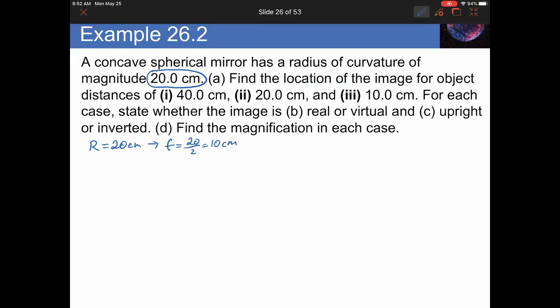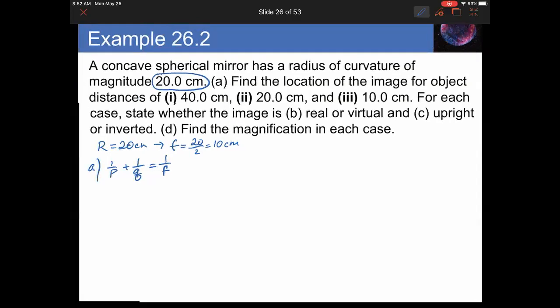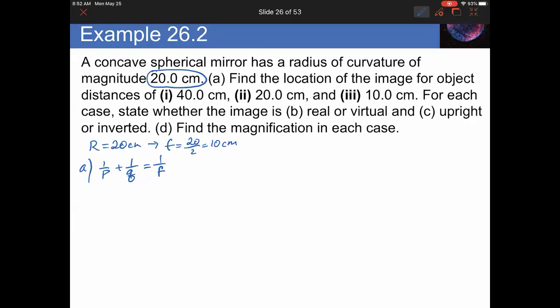Okay, so then using the mirror equation, I can have 1 over p plus 1 over q equals 1 over f. And you can see I am always given the focal length. For this part A, f is given as 10 centimeters and p here is 40 centimeters. Okay, and what you have to do here is use this equation.